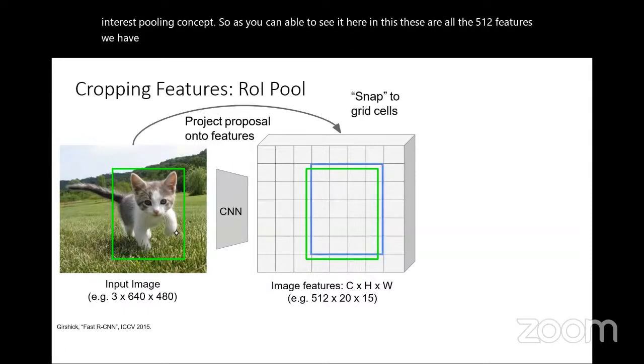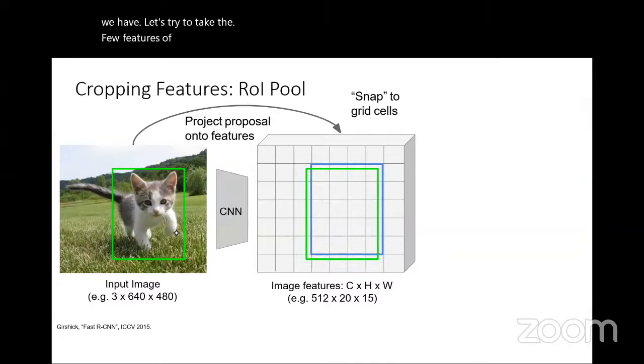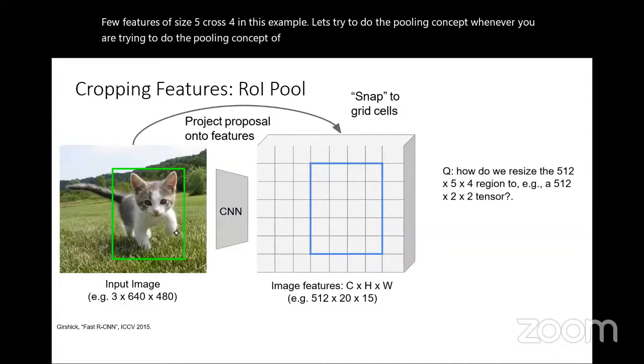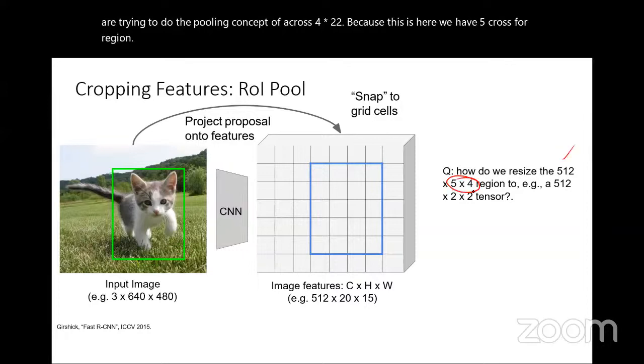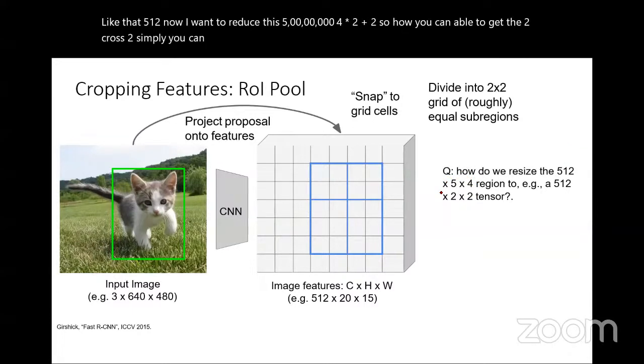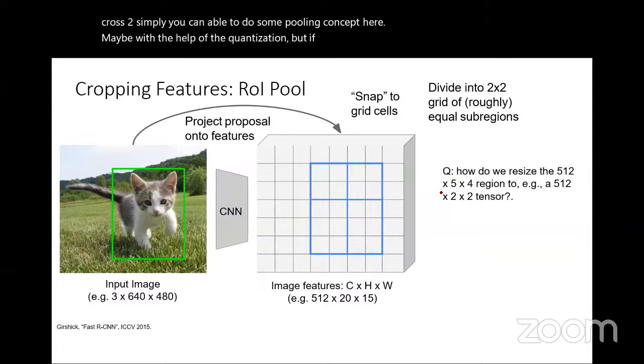Let's take a few features of size 5 cross 4 in this example and do the pooling concept. Here we have a 5 cross 4 region, like that across 512. Now I want to reduce this 5 cross 4 into 2 cross 2. Simply you can do some pooling here, maybe with the help of quantization. But if you observe, in this pooling concept it can be divided into 2 cross 2.